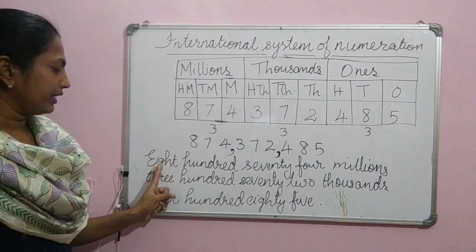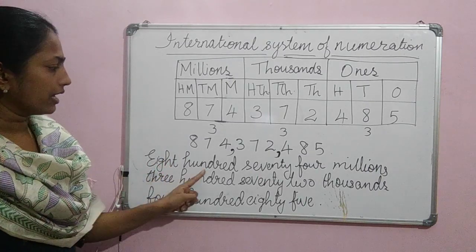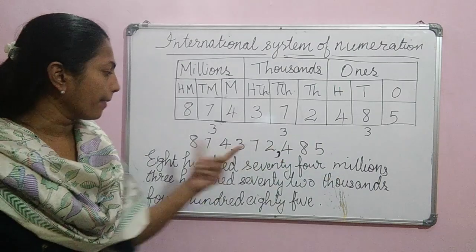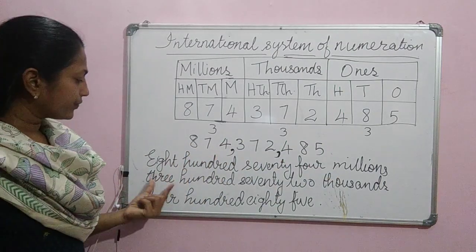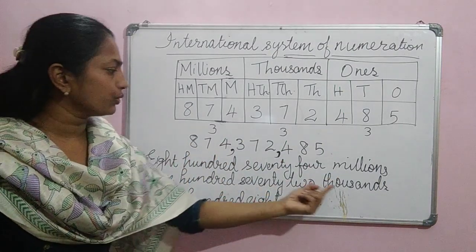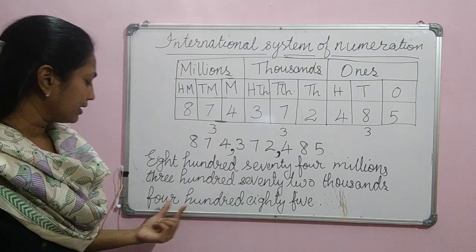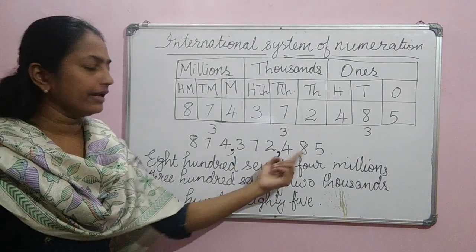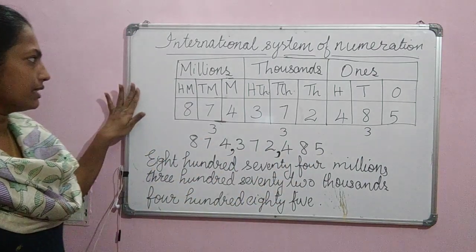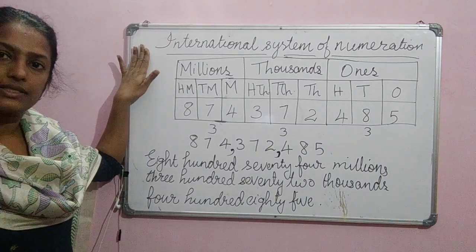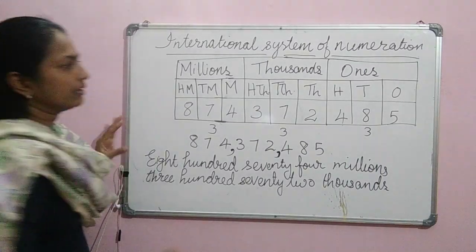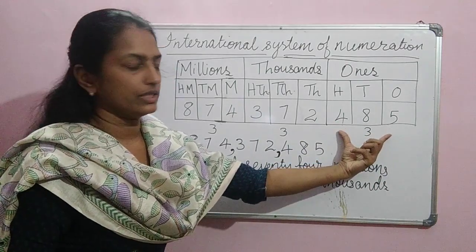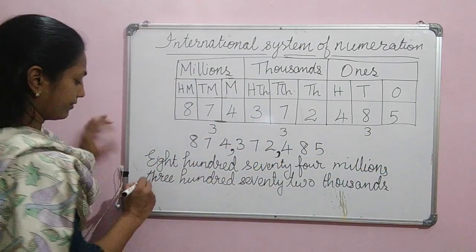So we read this number as 874 millions 372 thousands 485. So this is international system of numeration.